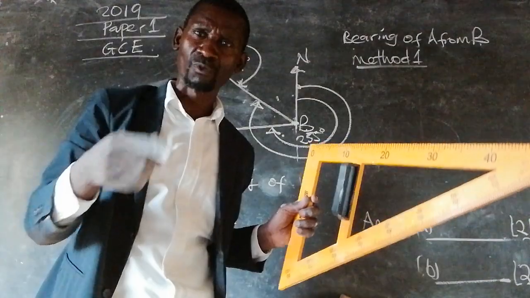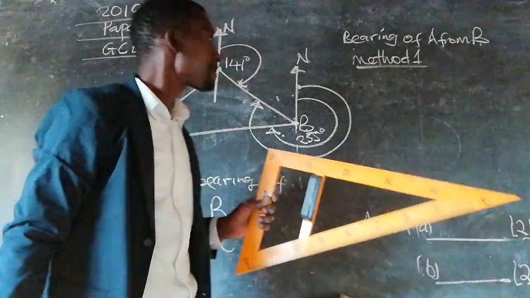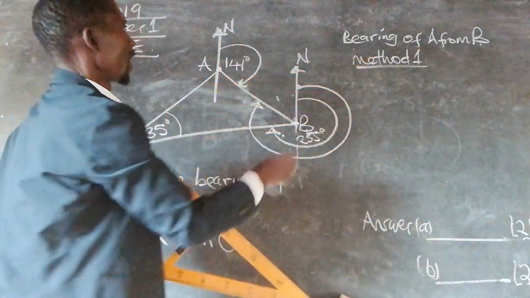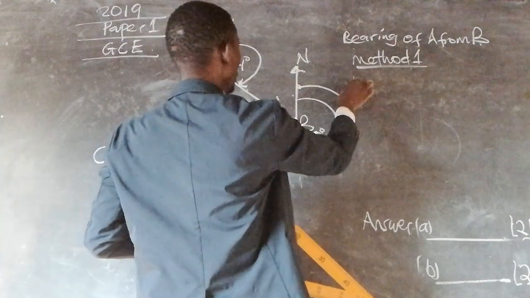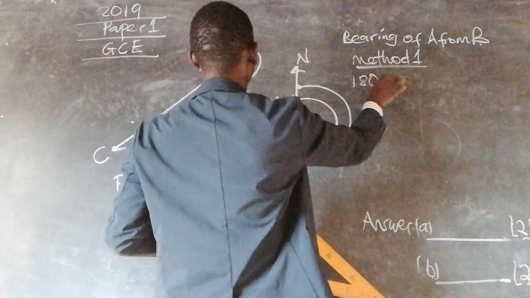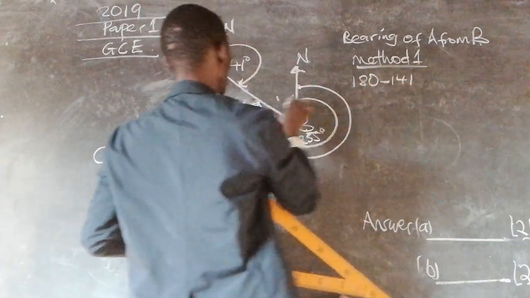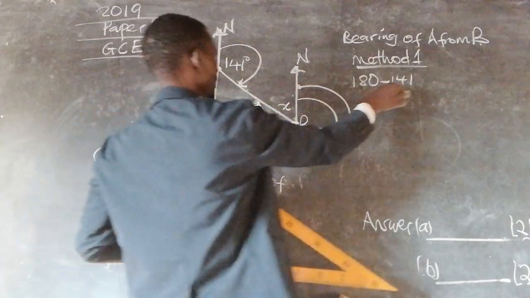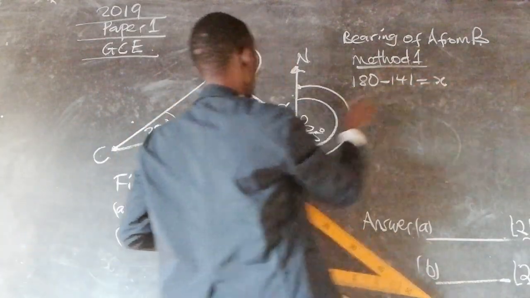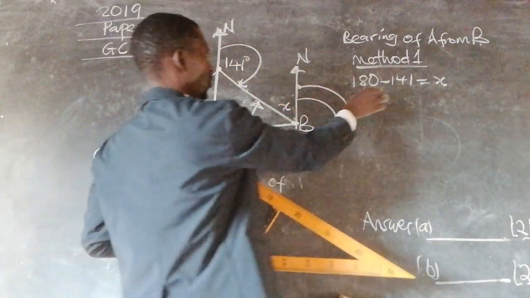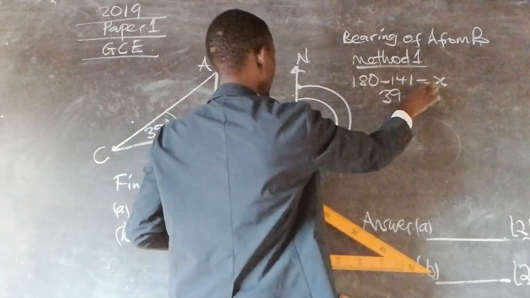The method that you see to be efficient, apply that. So let's look at that. In the first place, we are going to say 180 minus 141, and that way you are going to arrive at 39. Yes, let me say this angle is x. So this is 39, the difference, this is angle x.